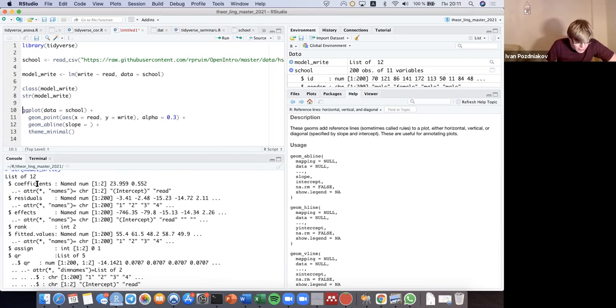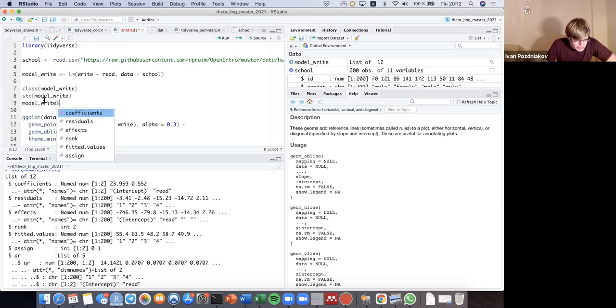And actually you can even take some results of this linear regression from this object. And it's very important, when you work in R, to explore objects that are created by functions for modeling, because it gives you a lot more flexibility.